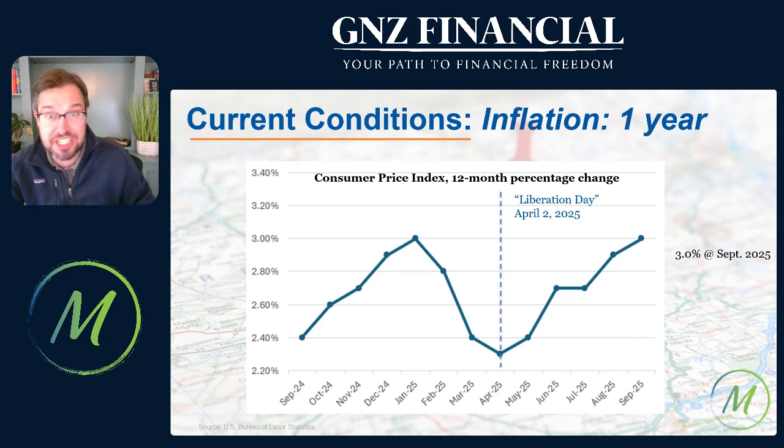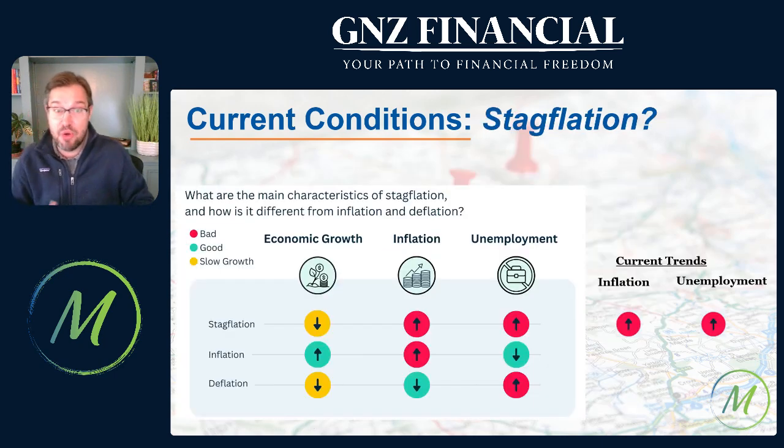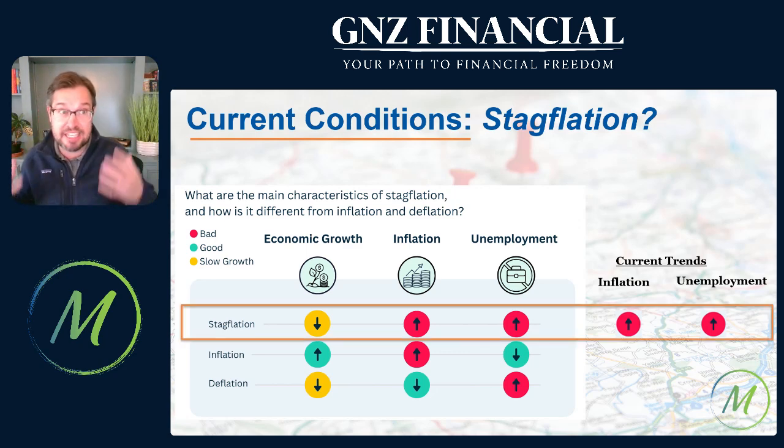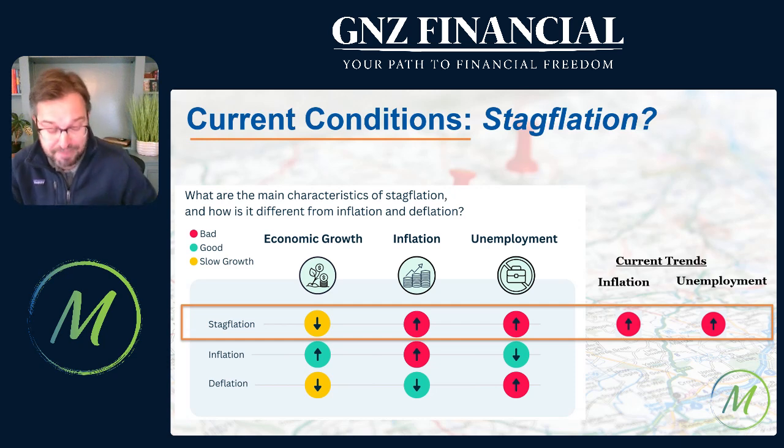Then Liberation Day came with tariffs, and we've seen definitely an upward trend since April. So what I would propose is, we're seeing inflation increasing without a doubt. We're seeing unemployment increasing without a doubt. And that gives rise to potentially some risks for stagflation.